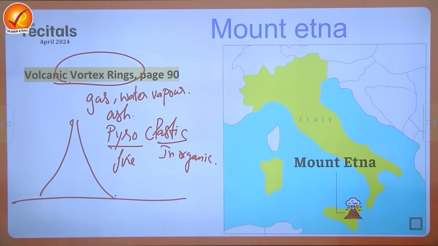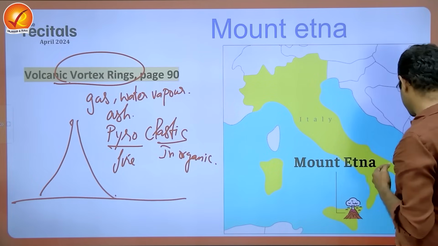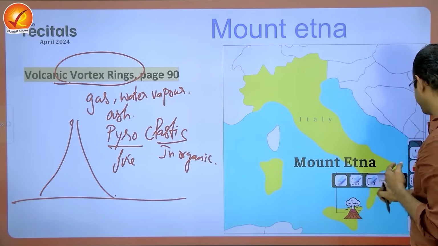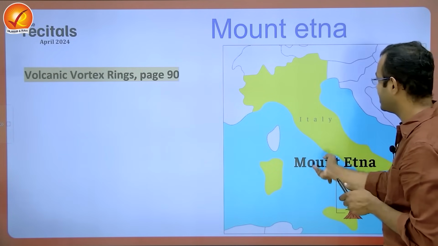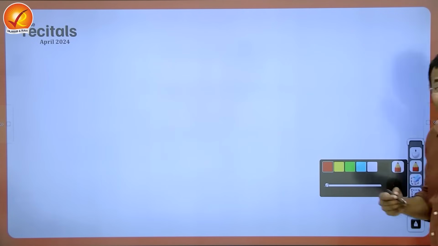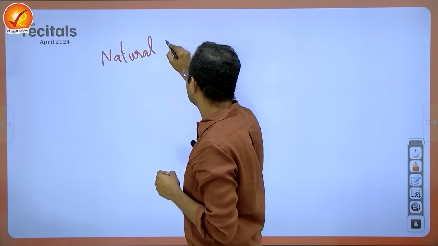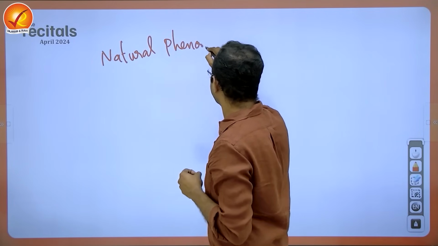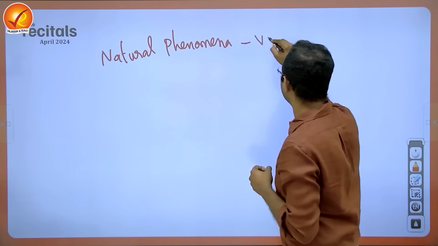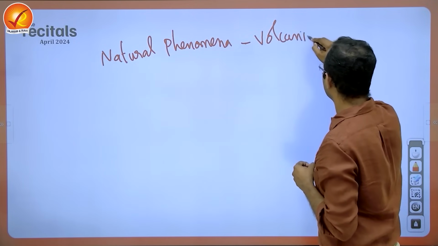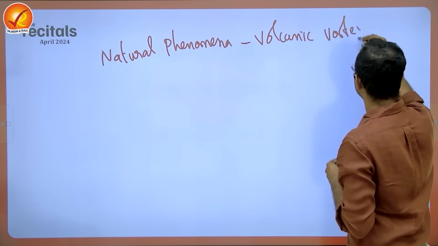When these kinds of volcanic eruptions take place, hope copied, we do get, certain times, a natural phenomenon of volcanic vortex rings.